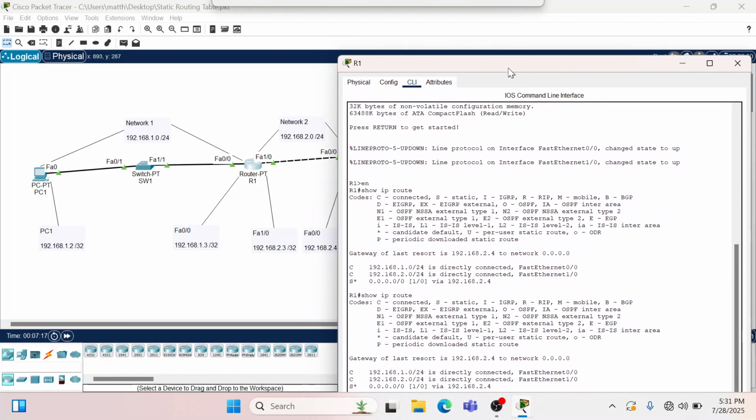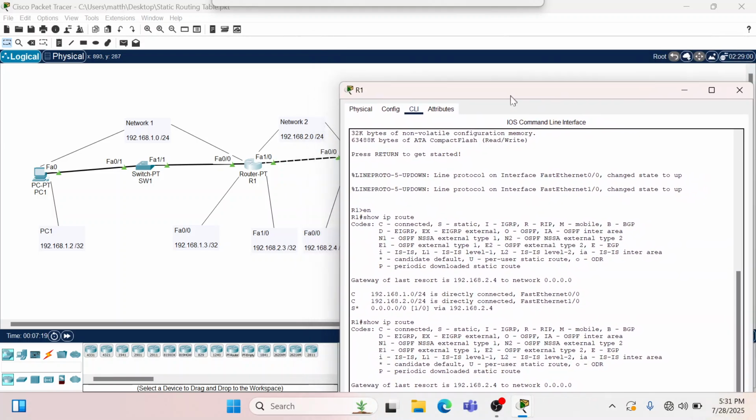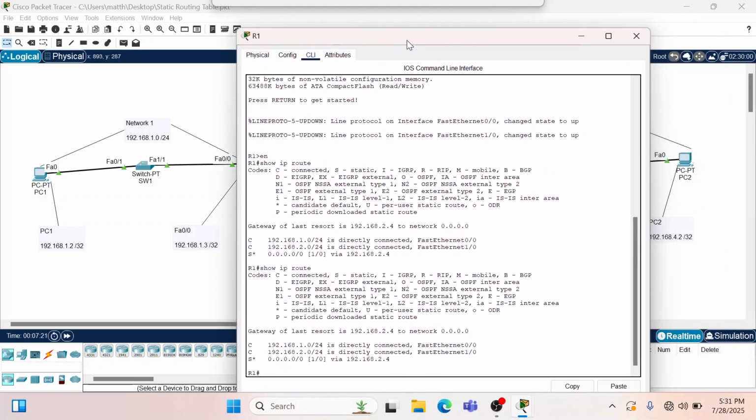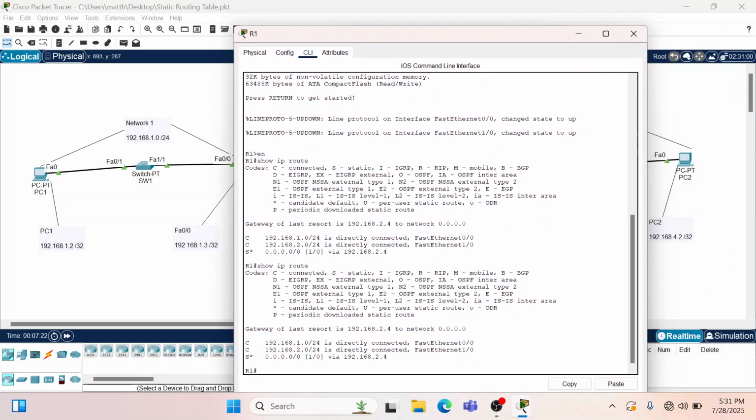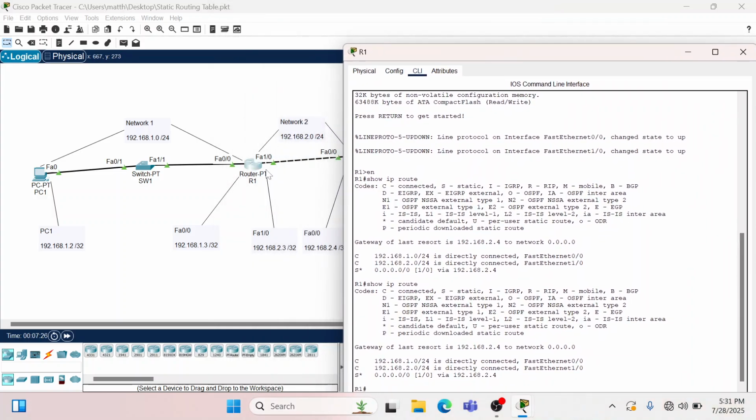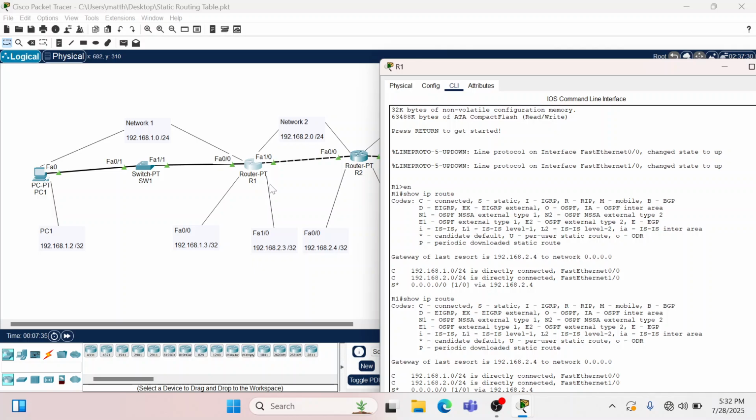It knows where network 2 is, but it doesn't know what the next hop after that is. So we need to set that up. Since FA1/0 is already physically connected, we don't have to do anything with that, but we do have to establish the next hop, which would be FA0/0 on router 2.